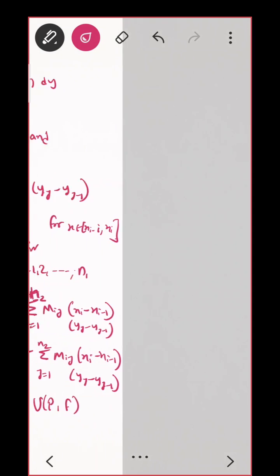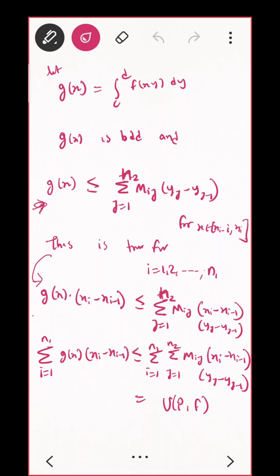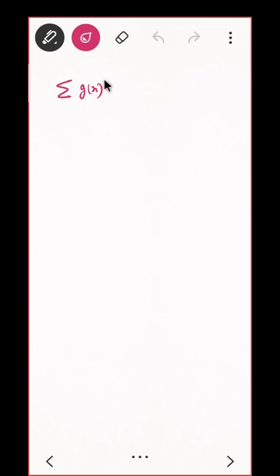We just proved that the summation of g of x into xi minus xi−1 is less than or equal to UPF, where i equals 1 to n1. This is your first relation.